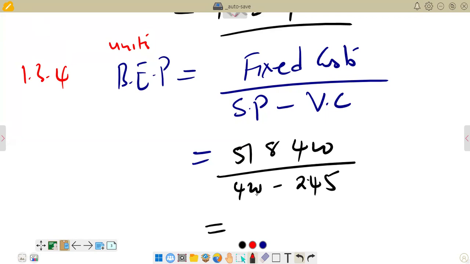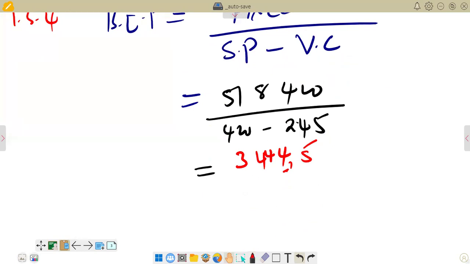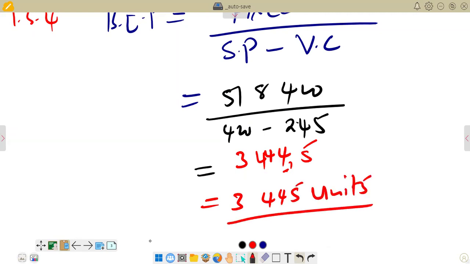You are going to get 3,444.5. And obviously, we need to round off to the nearest whole number, whereby the 5 will change the 4 to become a 5. So your answer now becomes 3,445 units. Remember, we said this is break-even point in units. So this is what we have.